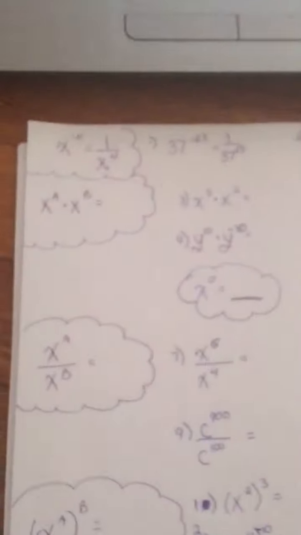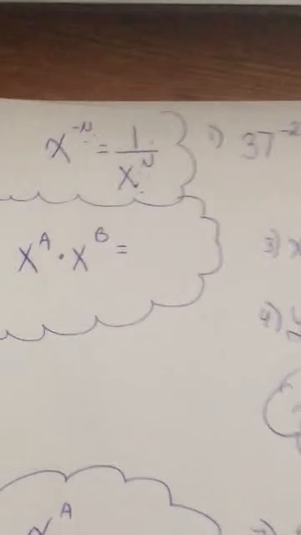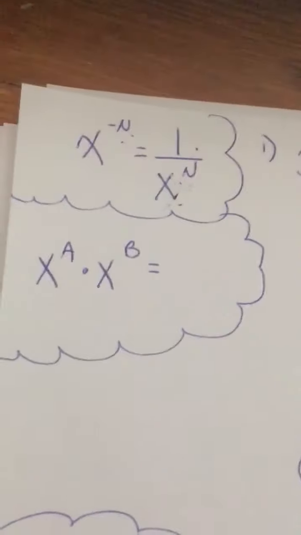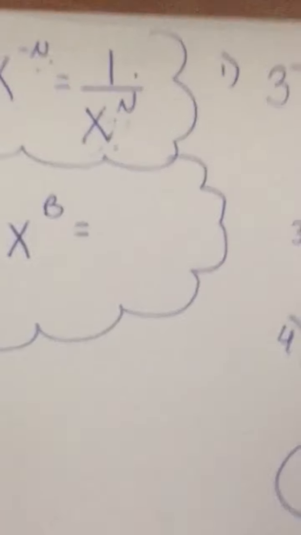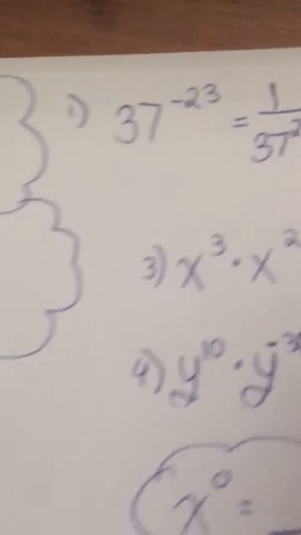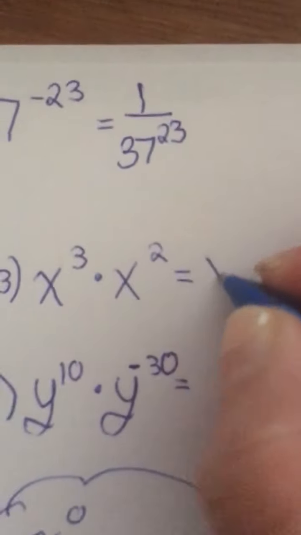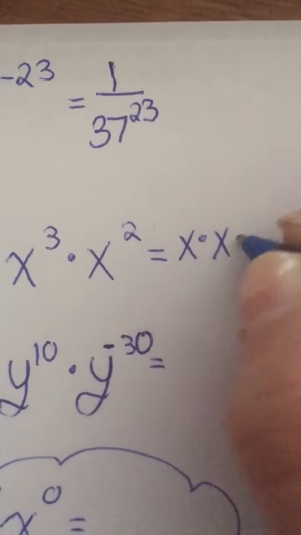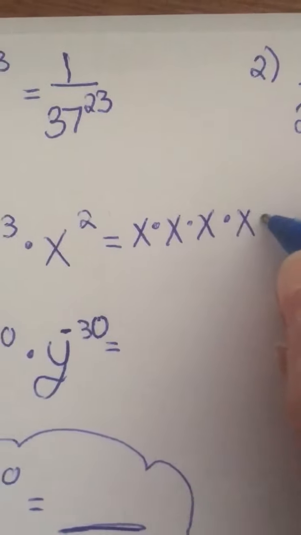Okay, next property we have is when we have expressions that are multiplied. So let's discover a rule. X to the a times x to the b. So when in doubt, write it out. We're going to do the first example by writing it out. X to the third times x squared: x to the third is x times itself 3 times. X squared is x times itself twice.